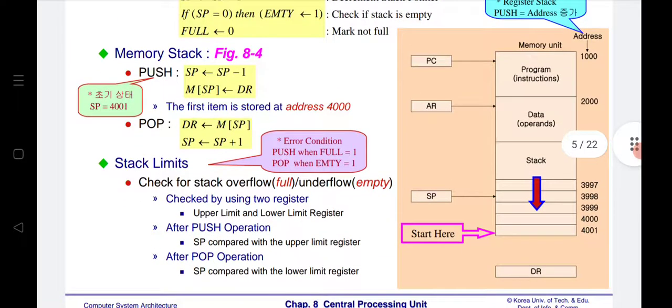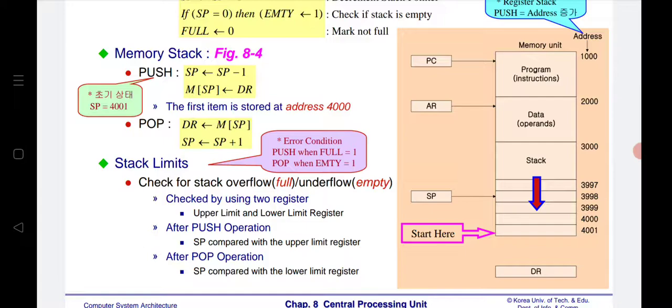So what happens in the stack? In the stack there will be limits. What type of limits are you going to have? Whether the stack is overflow, that is your full, or it is underflow, that is completely empty. That particular stack limit is your error condition.